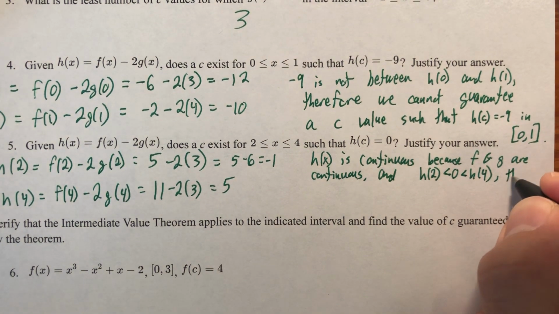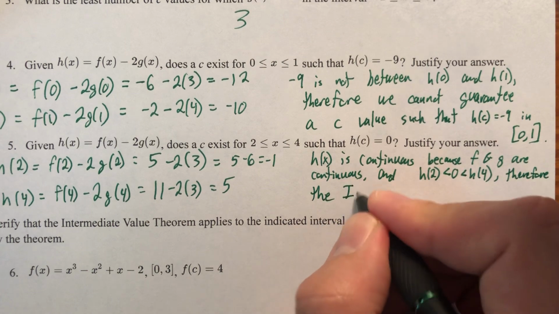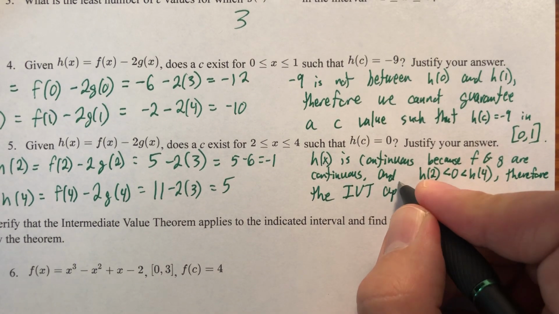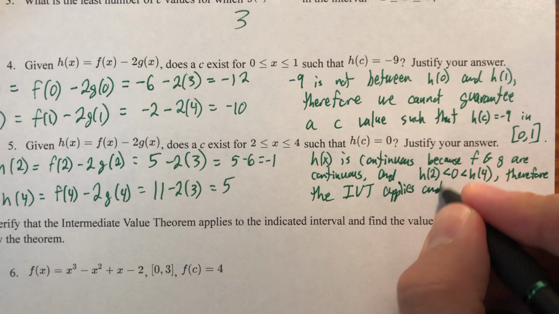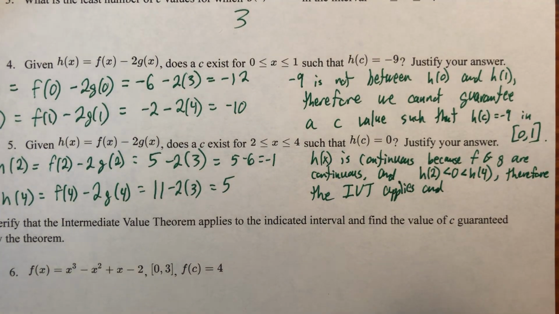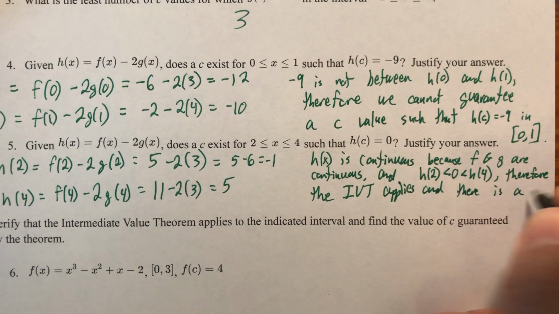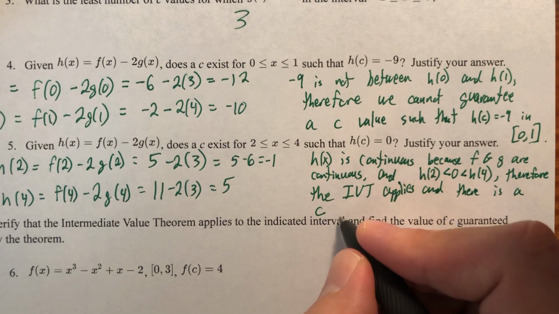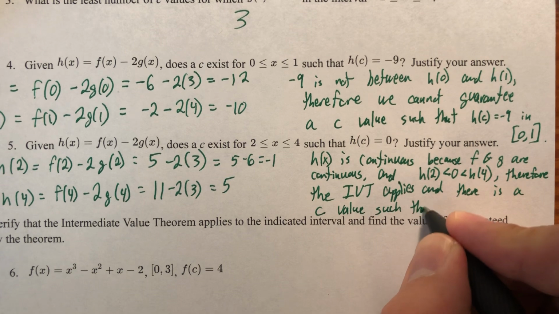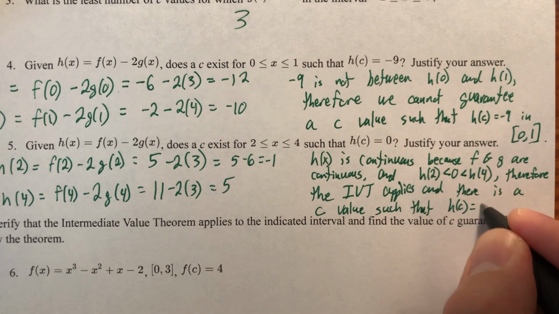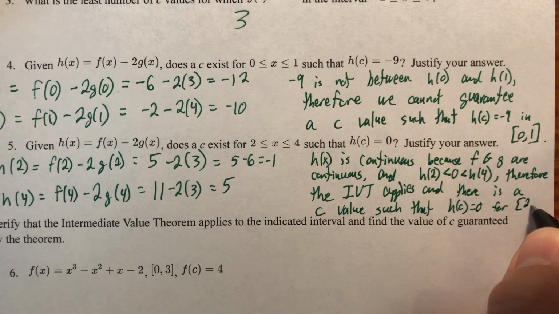Therefore, the intermediate value theorem applies. Lucky us, applies, if I could spell it. And there is a C value such that H of C equals 0 for the interval from 2 to 4.